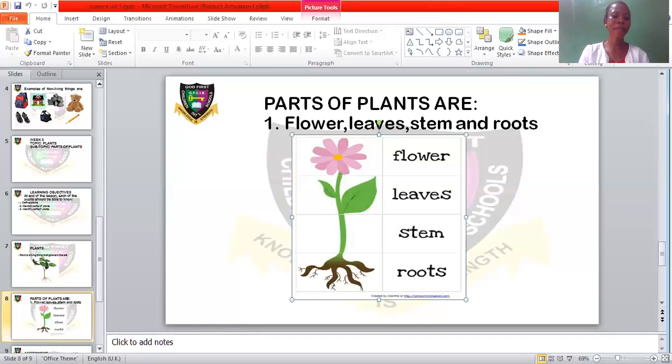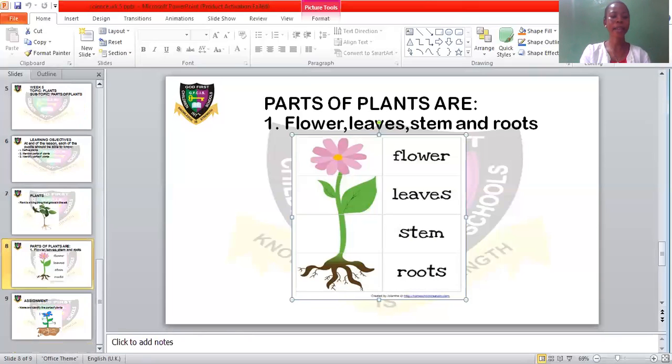Now, I have an assignment for you. You are going to identify parts of plants for mommy and daddy at home. That is your assignment.